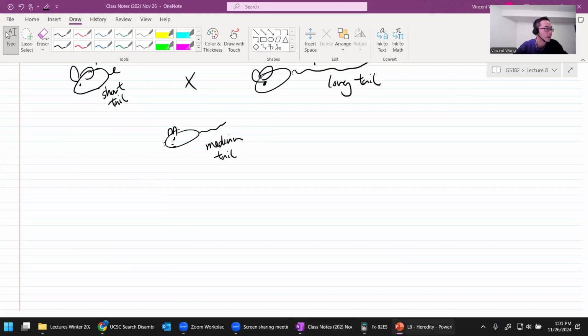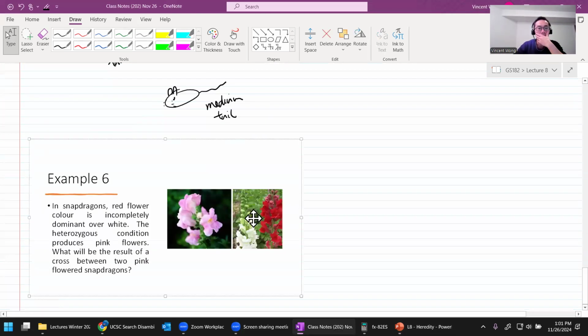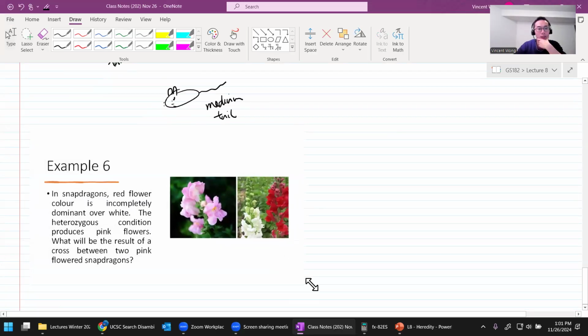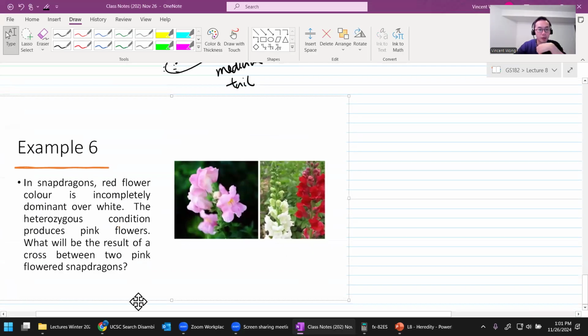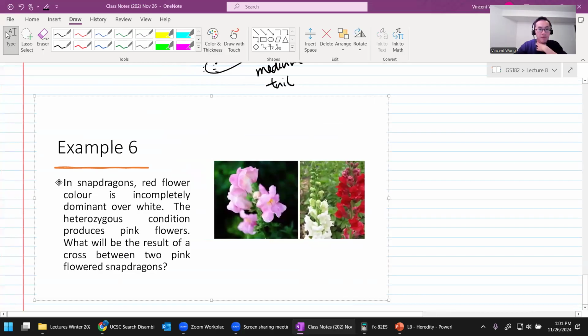Okay, let's try to solve some codominance and incomplete dominance questions. So the question will tell you what kind of inheritance pattern you're dealing with. For example, here it says in snapdragons, which is a kind of flower, red is incompletely dominant over white. Right? And then it tells you the heterozygous condition produces pink flowers.